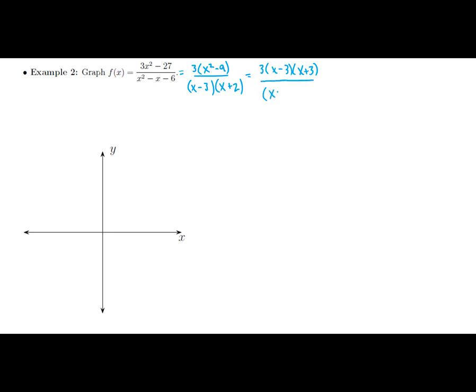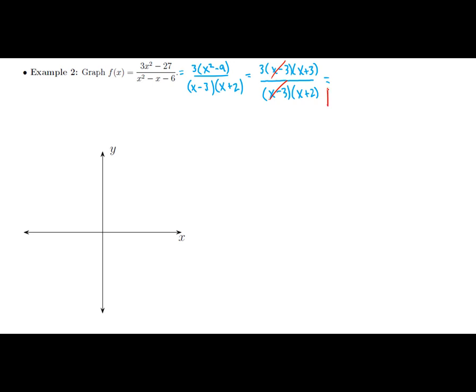And x minus 3 times x plus 2. Okay. Now, of course, algebraically, we see we have two identical factors on top and bottom, so they can essentially cancel. But we got to be a little bit careful about that. So they cancel. Okay.